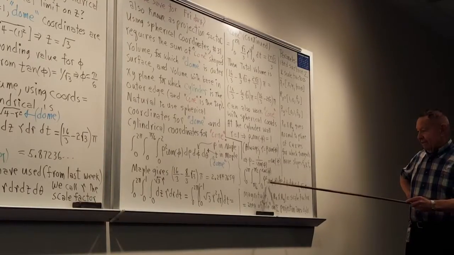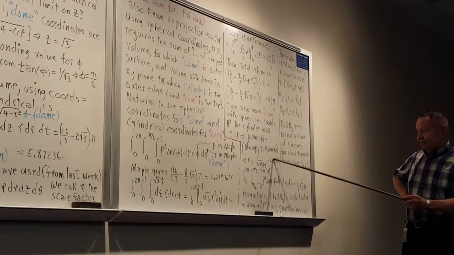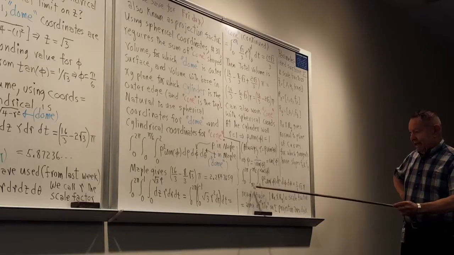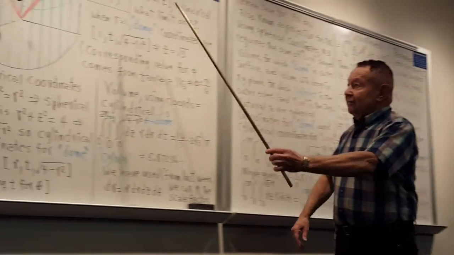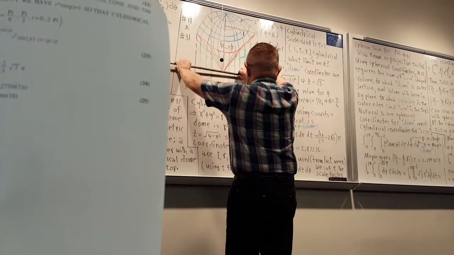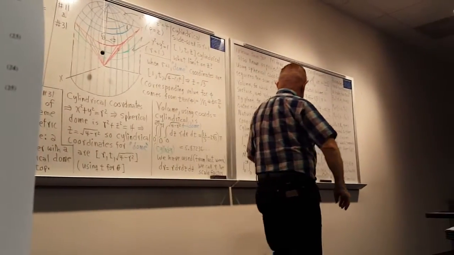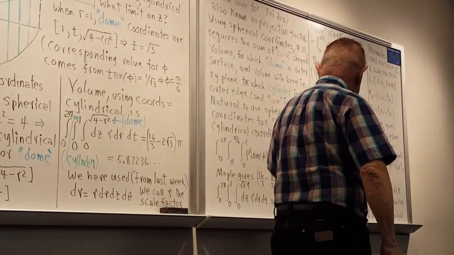Okay, so that means your limit on rho is 0 to cosecant, which is 1 over sine. And then you have your angles. See, you're coming from pi over 6 down to pi over 2. So that's there, and then going clear around.